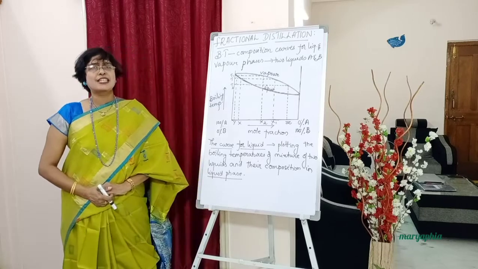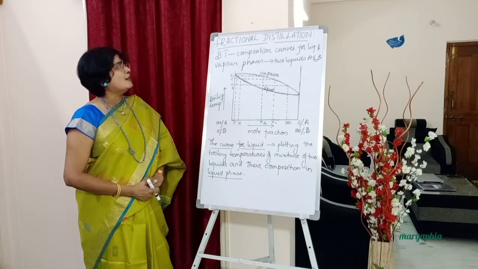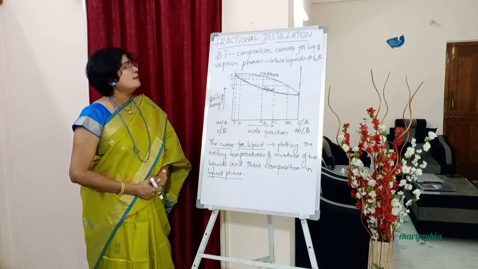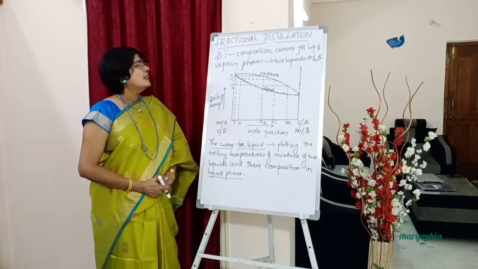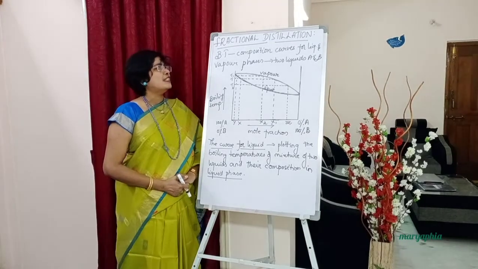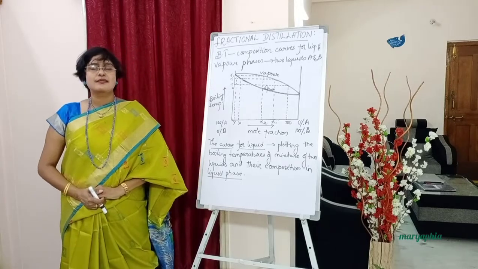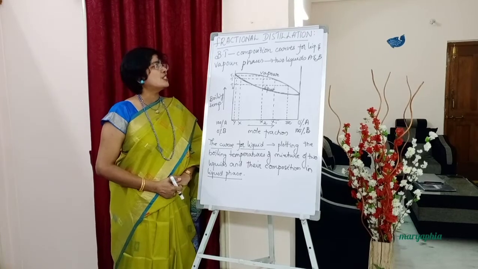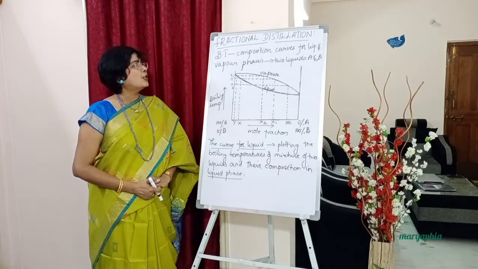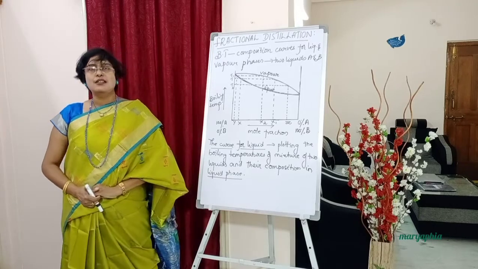Okay, mole fraction or composition. So put the side heading, and below you can write: boiling point, boiling temperature composition curves for liquid and vapor phases of two liquids A and B.